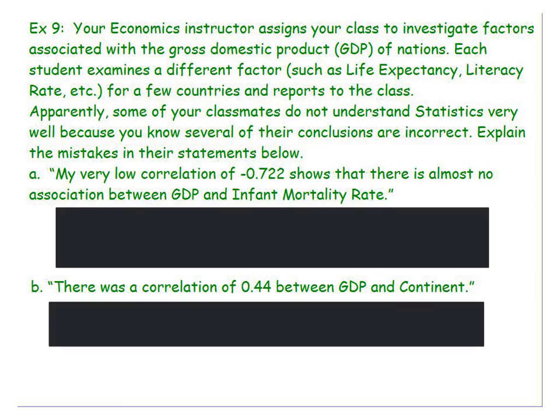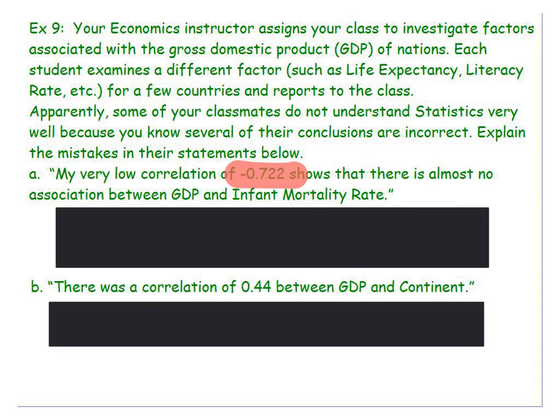So, my very low correlation of negative 0.722 shows that there is almost no association between GDP and infant mortality rate. Well, this number right here, that's not really considered a low number. It's negative, but if we ignore the negative for a second, it's 0.722.